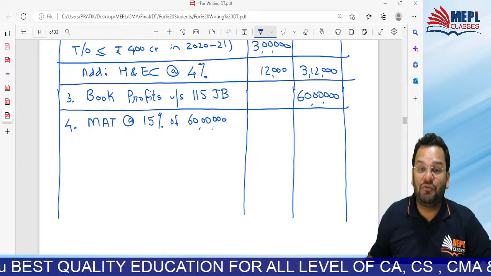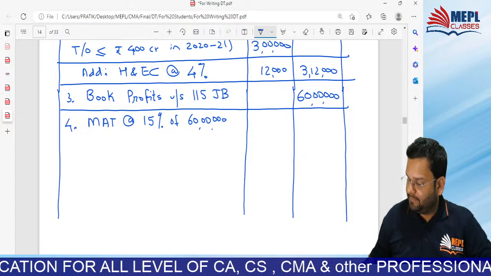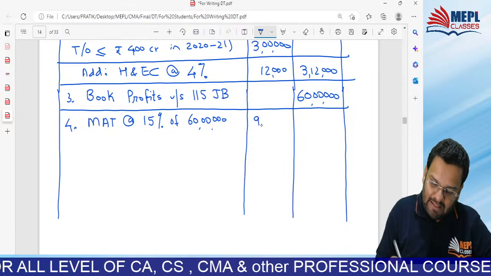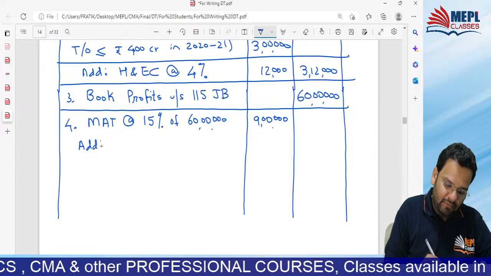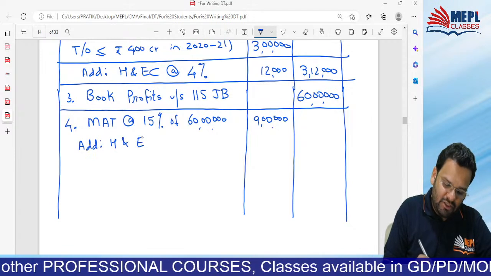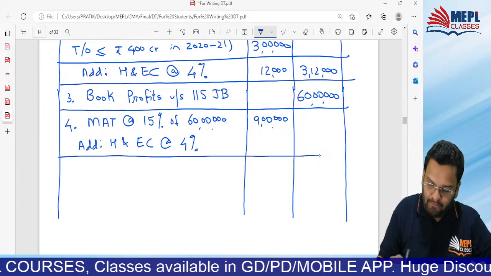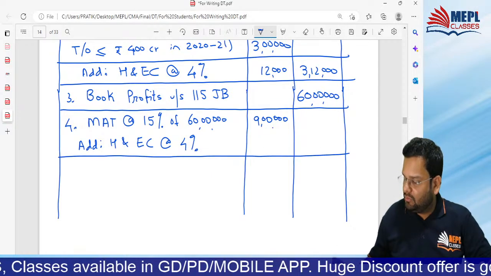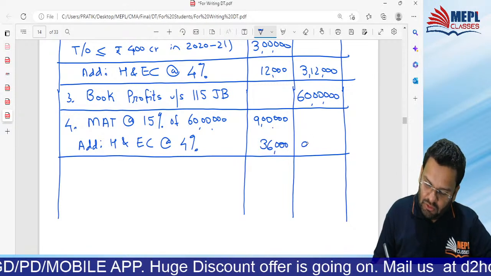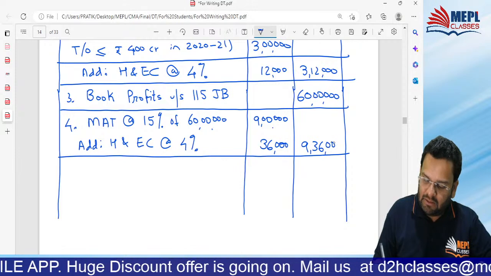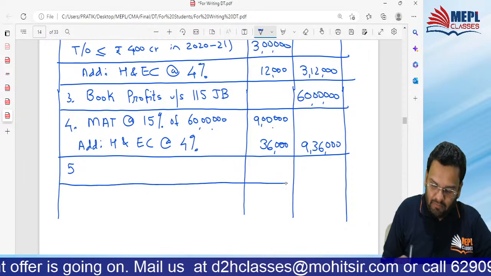What is 15% of 60 lakhs? It is 9 lakhs. And then you add health and education cess at 4%. That comes to 36,000. So this is 9,36,000.